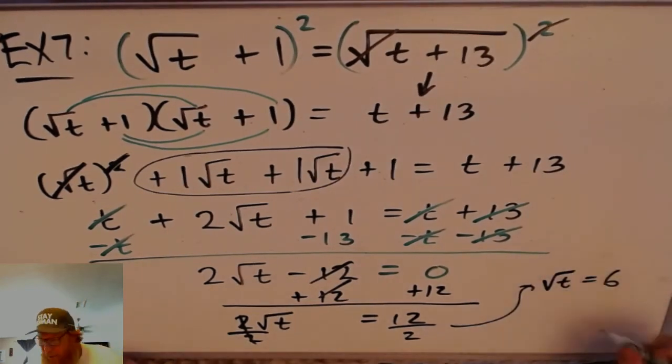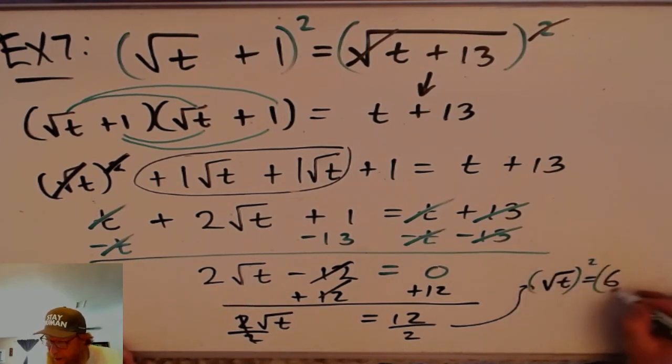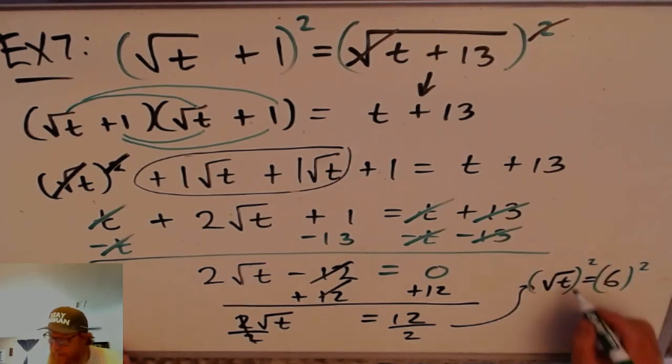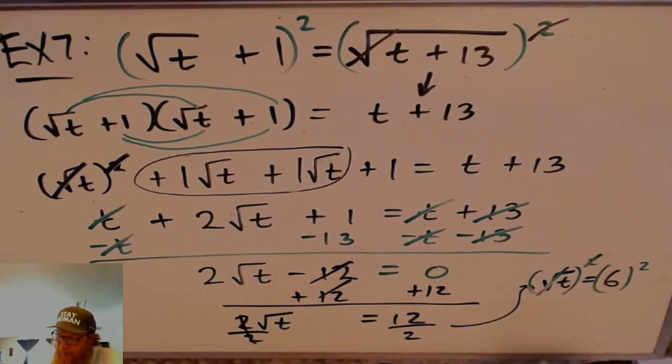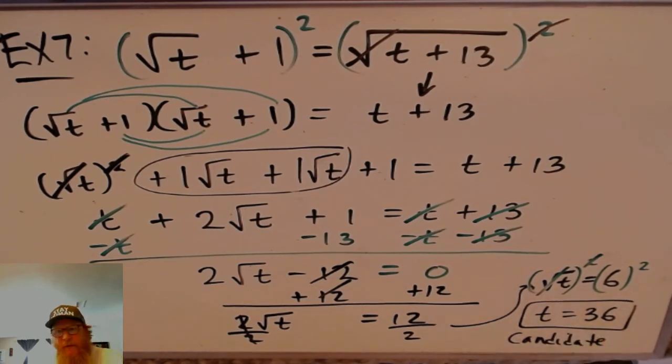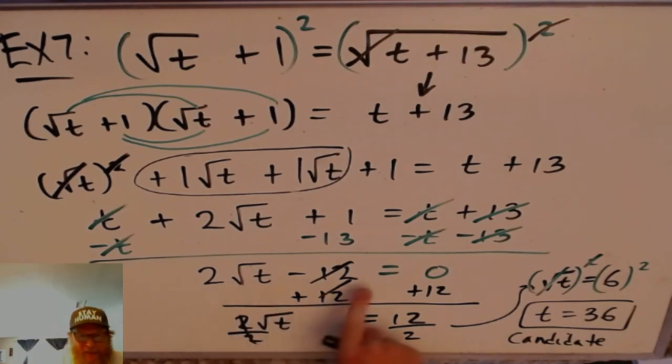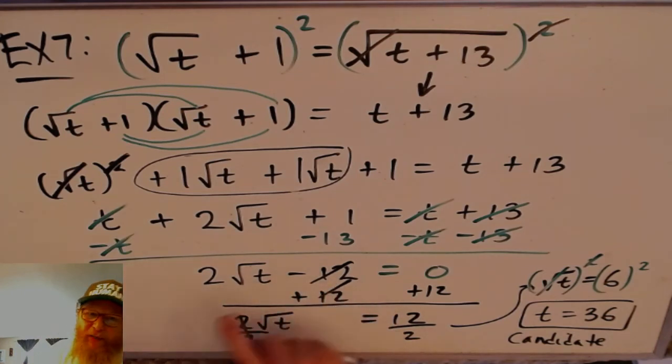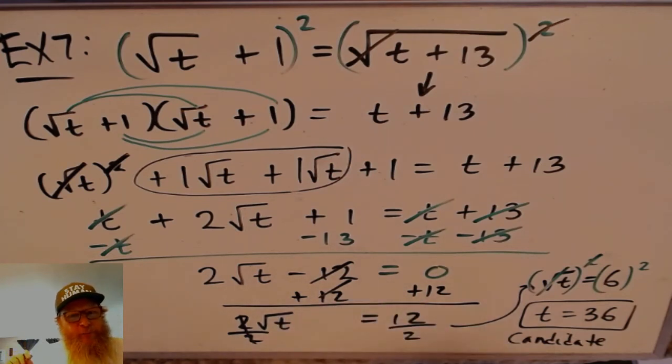And it's a radical equation, so you're going to square both sides. And you're going to get 36 as your candidate. Had this been a quadratic, if it looked like t squared or something, then I would use factoring.